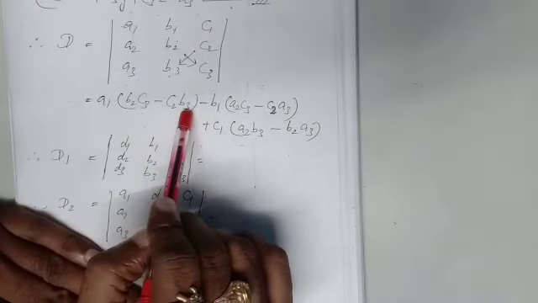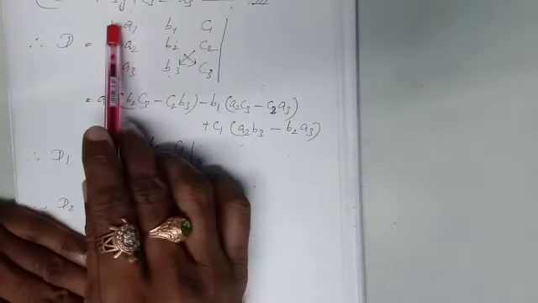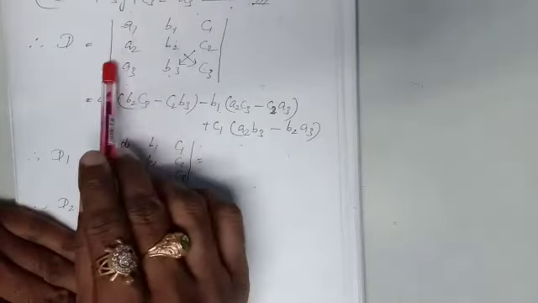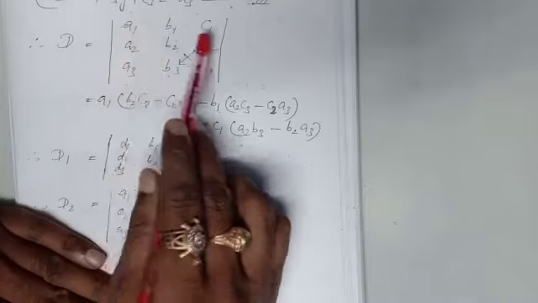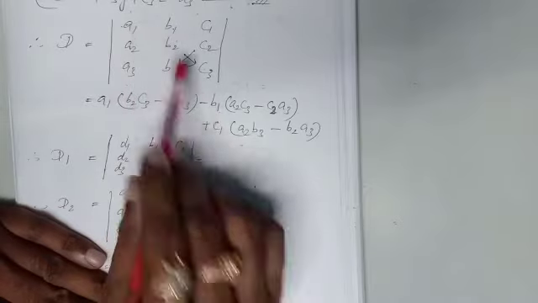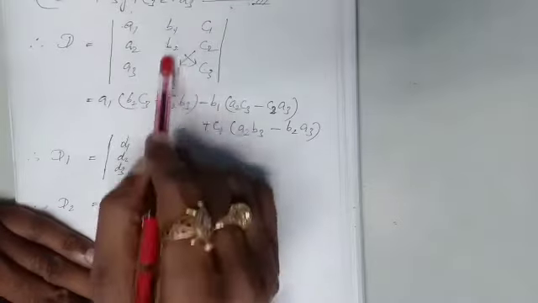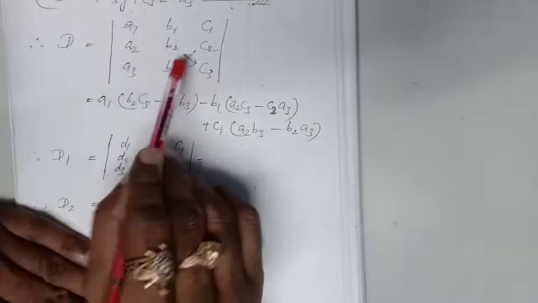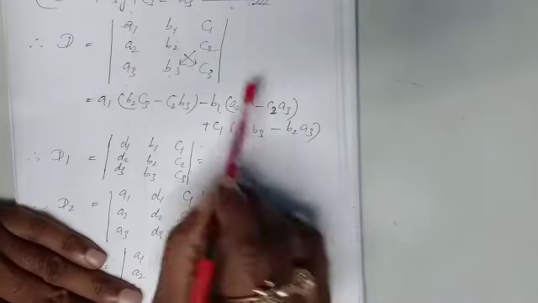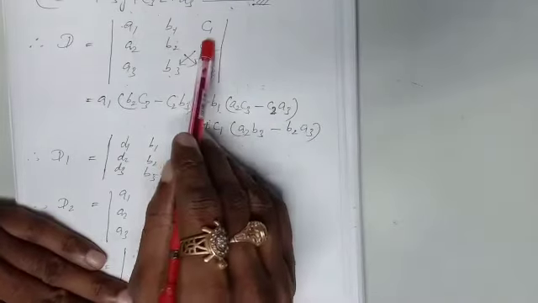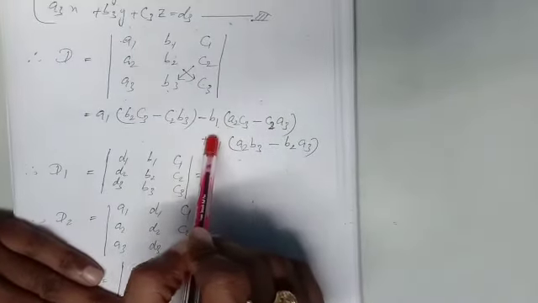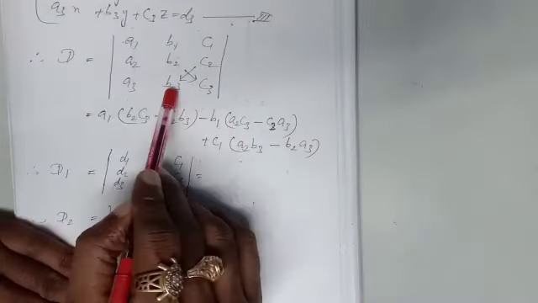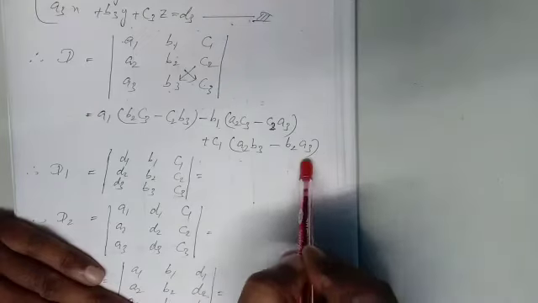Again minus b1, going row wise, evaluating D with the help of the first row. That column omitted, row omitted: a2 c3 minus c2 a3. Next one is plus c1, that row omitted, column omitted: a2 b3 minus b2 a3. That is written here.